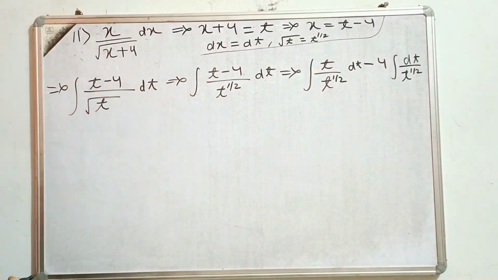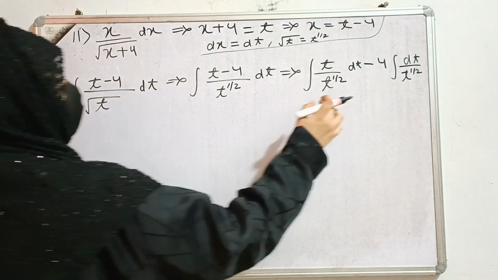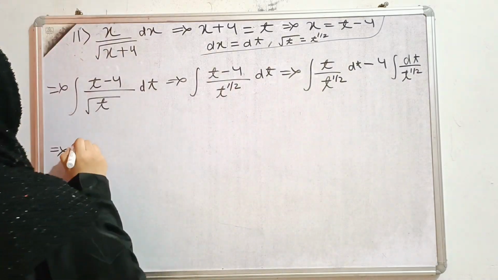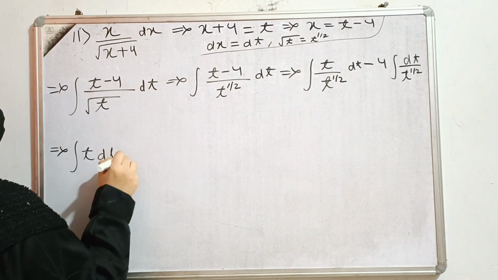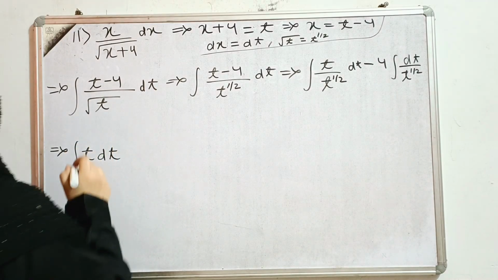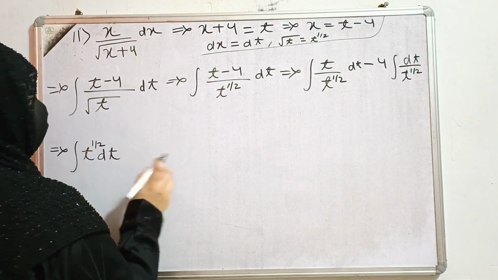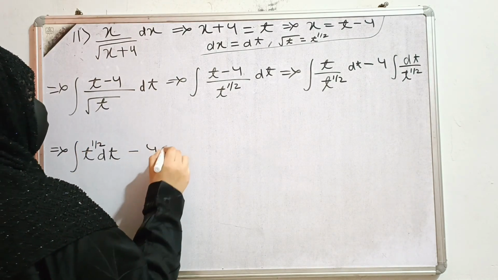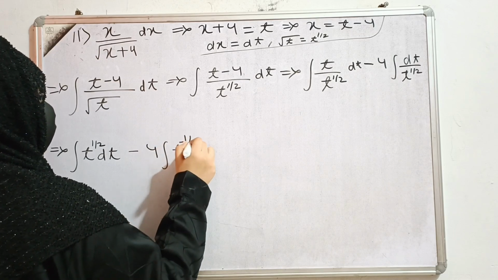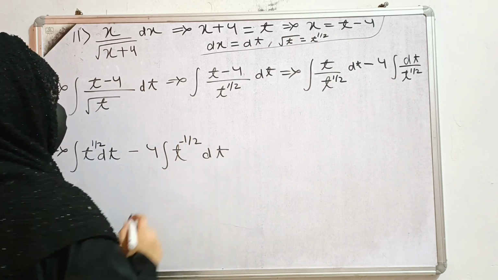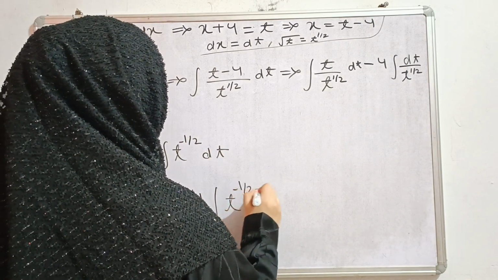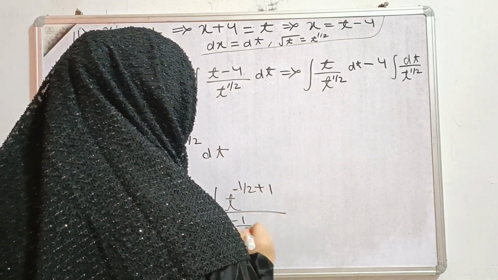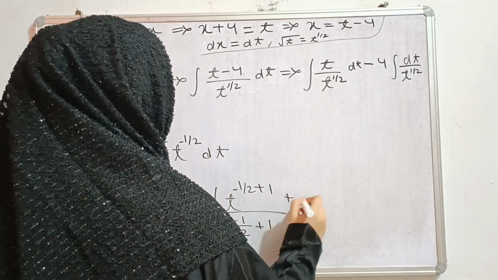So we get the integral of t power 1 upon 2 dt minus 4 times t power minus 1 upon 2 dt. Integrating, t power 1 upon 2 plus 1 upon 1 upon 2 plus 1, plus c1, and minus 4 times t power minus 1 upon 2 plus 1 upon minus 1 upon 2 plus 1, plus c2.